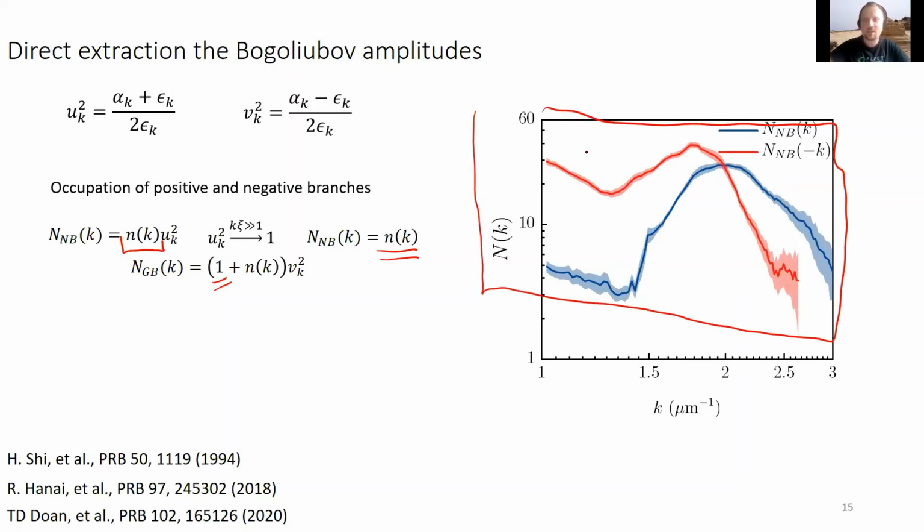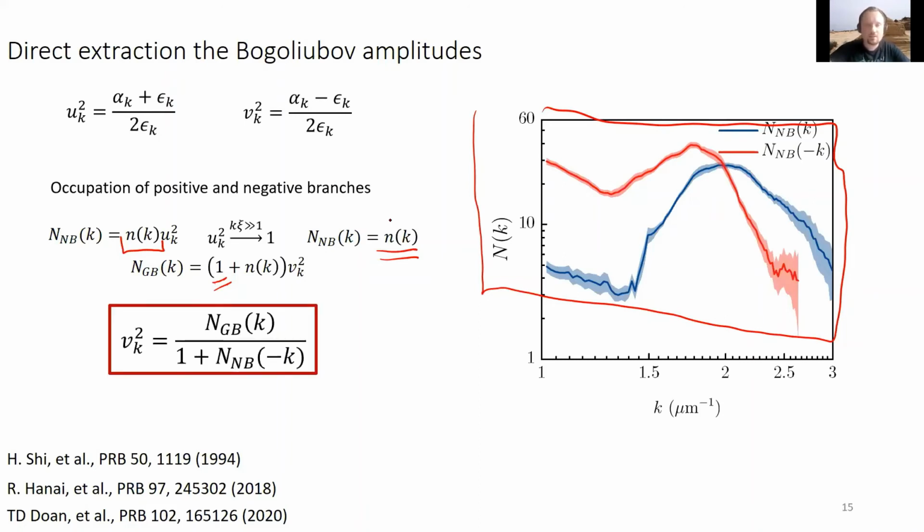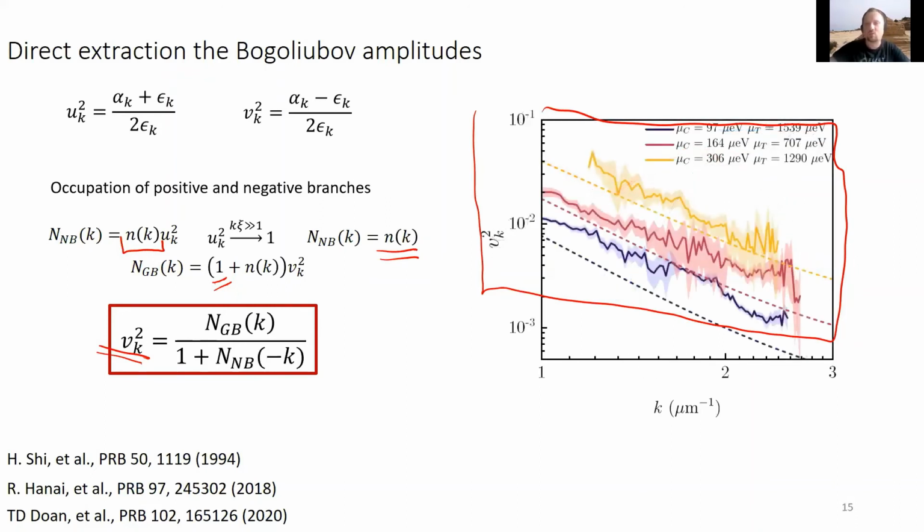As you can see, it's nothing close to a Bose-Einstein distribution, especially with high occupation of bottleneck polaritons. But now, taking this approximation, we can see that measuring both branches, we can extract directly the amplitude Vk of the Bogoliubov transformation, and this is what we have done here.